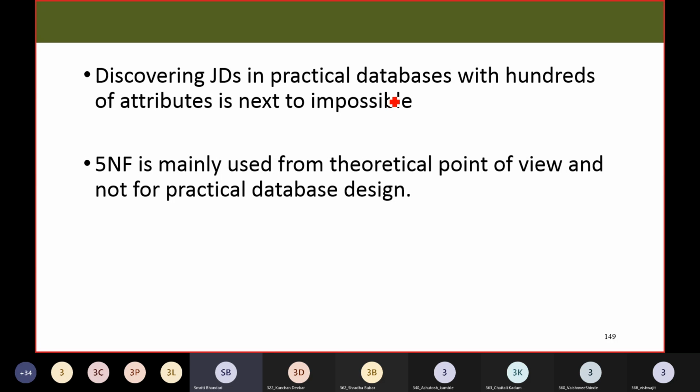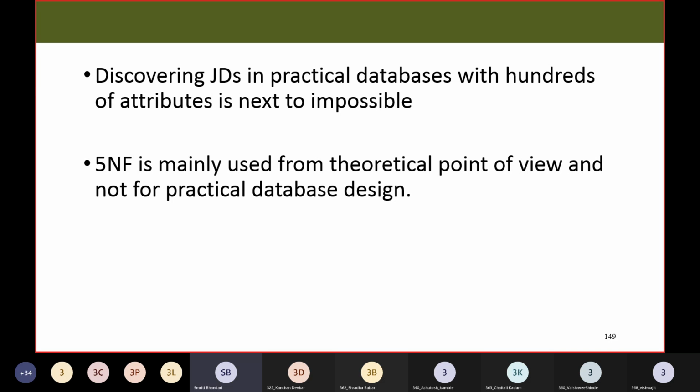So the normal form based on joint dependencies, that is 5NF, is mainly used from a theoretical point of view, and there are very few practical implications of 5NF. So 5NF is not meant for practically designing a database. It is simply introduced from a theoretical point of view, and that is why we are not going into the details of 5NF. The only thing is, I want you to know what a joint dependency is and what the definition of 5NF is.